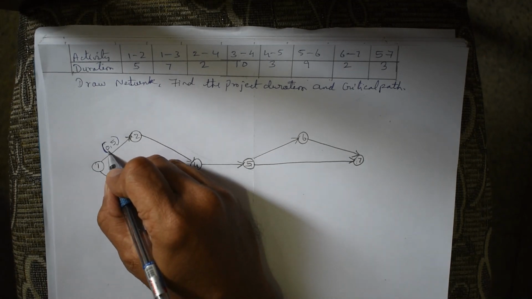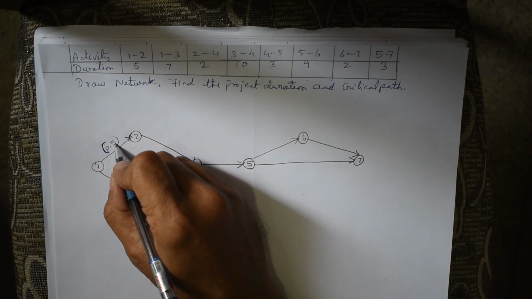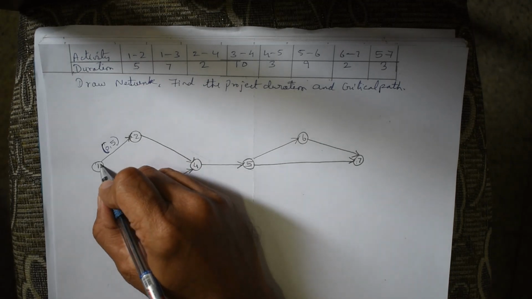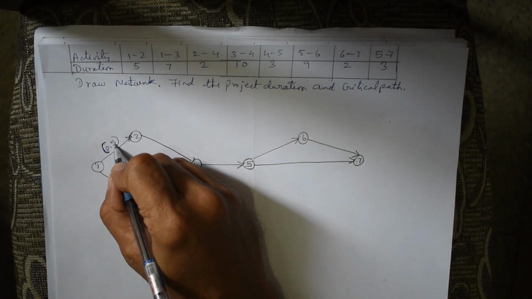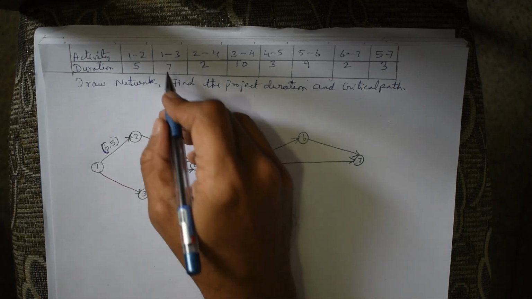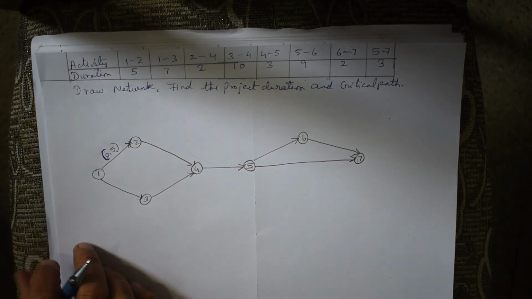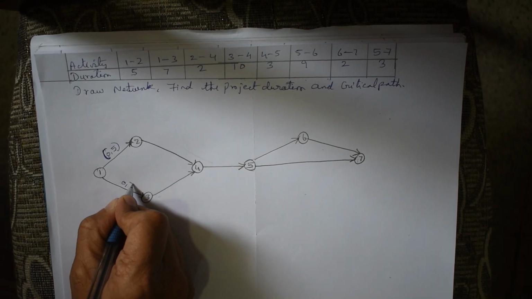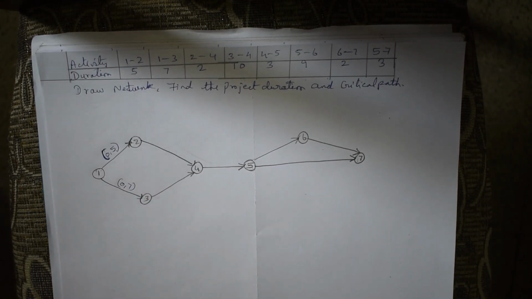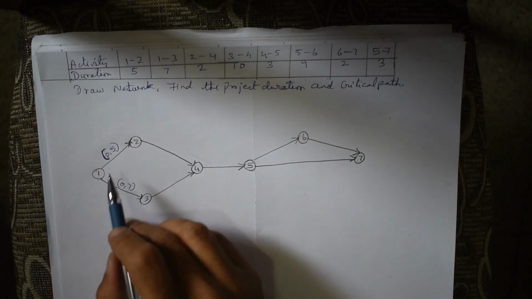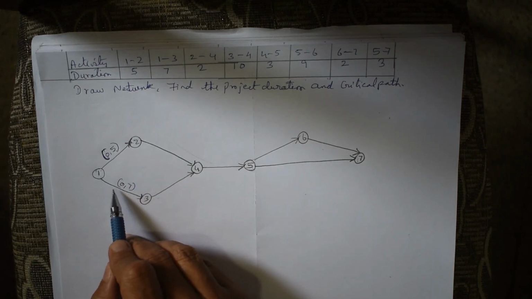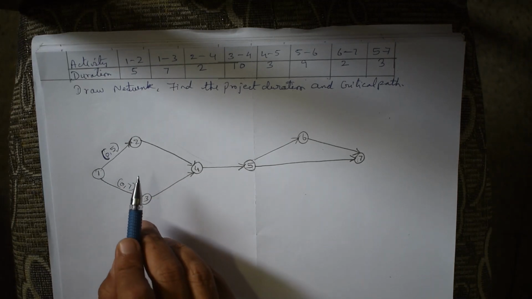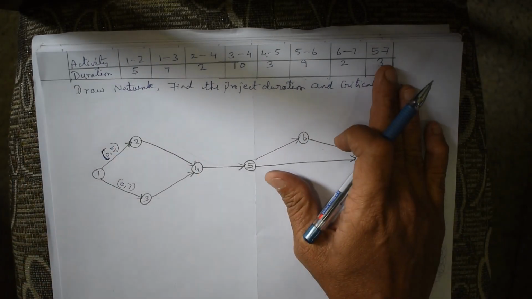We call this as earliest starting time and earliest finishing time. So activity 1 to 2, earliest starting time is 0, earliest finishing time is 5. Similarly 1 to 3, 0 to 7. And one more point is, when you write this earliest starting time and earliest finishing time, try to write on top of the line so that it will be consistent in the problem.